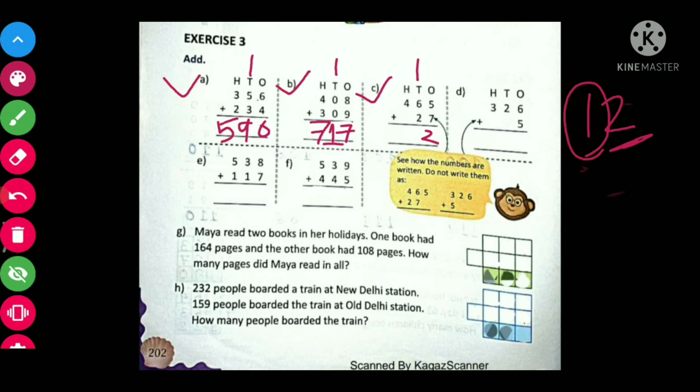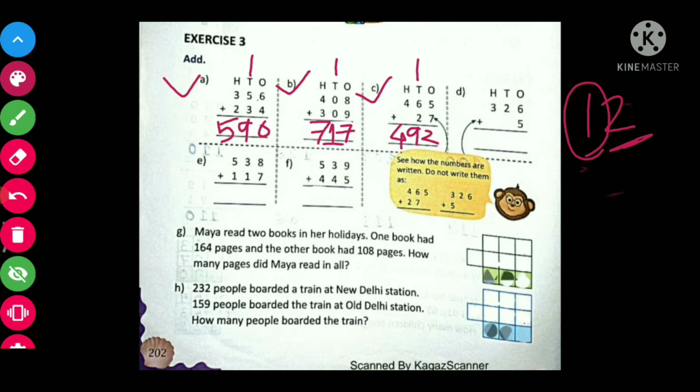Now 1 plus 6, it will be how much? 7. 7 plus 2, 9, right? Now see, in 100 place 4 is there. So we'll write this 4 directly, because in 100 place only 4 is there, no other number is there.